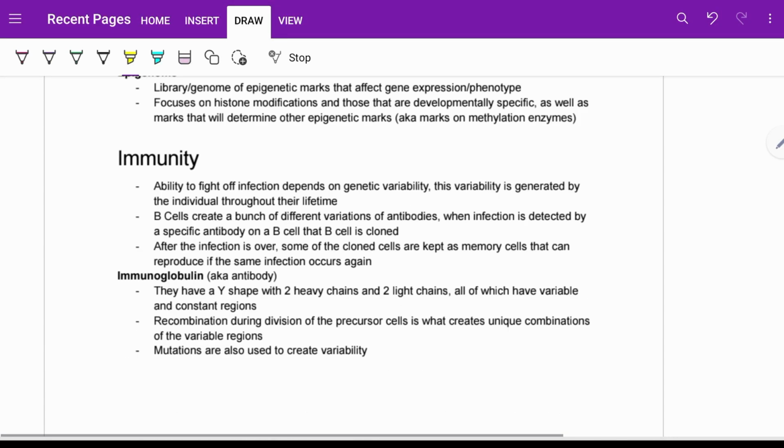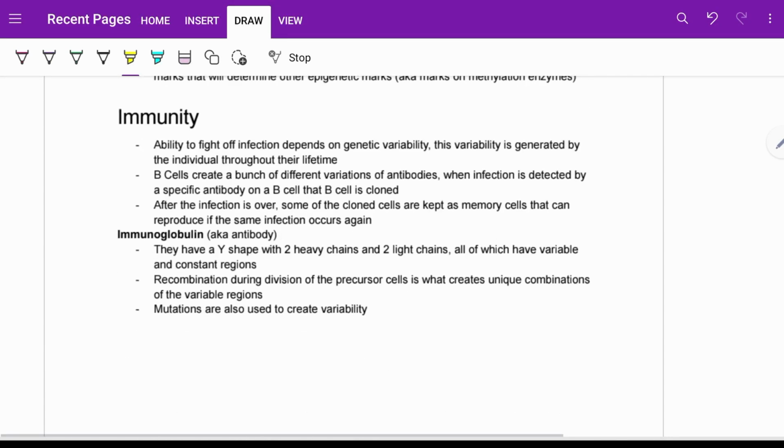We also have this concept of immunity, and this is kind of a side tangent to the rest of the unit, but we still covered it. Basically, your ability to fight off an infection depends on genetic variability, and this genetic variability is generated by the individual throughout their lifetime.